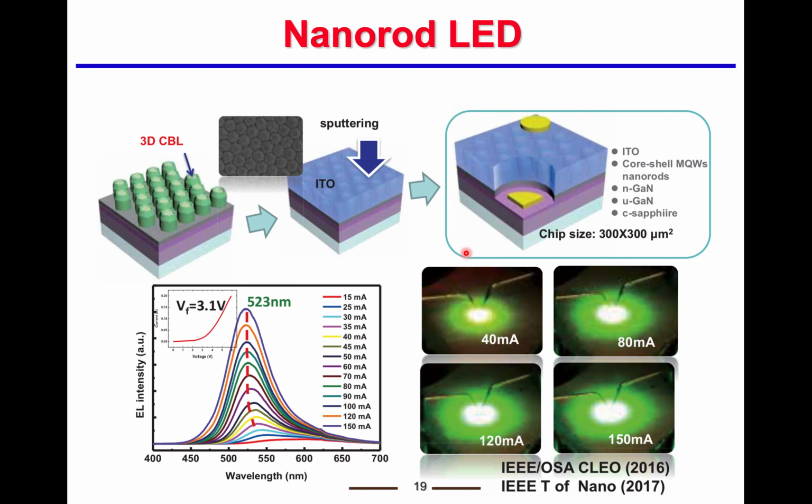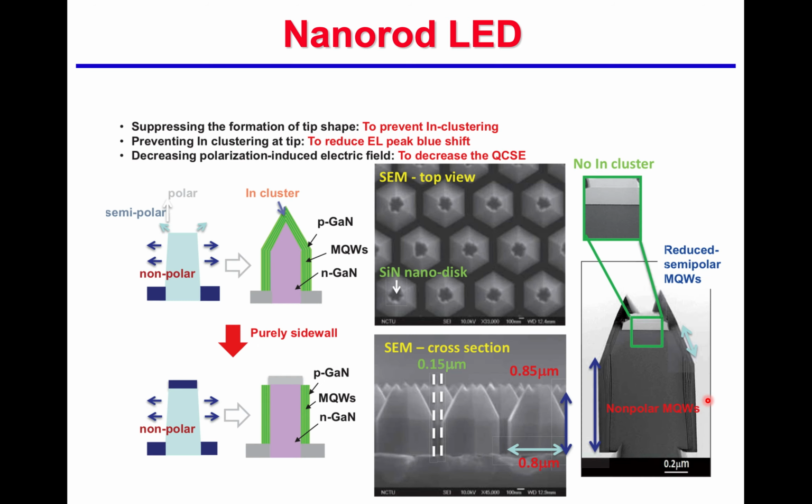And this is some interesting figures, not only micro LED, they can go down to the nanorod structure. So that is possible, but there is still a long way to go.